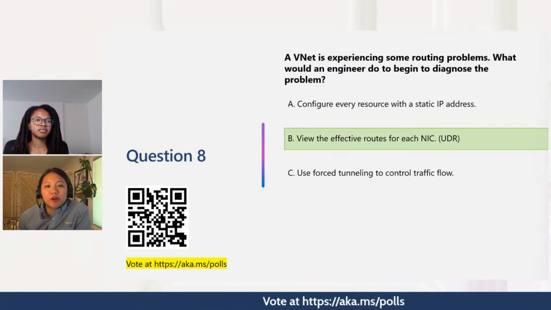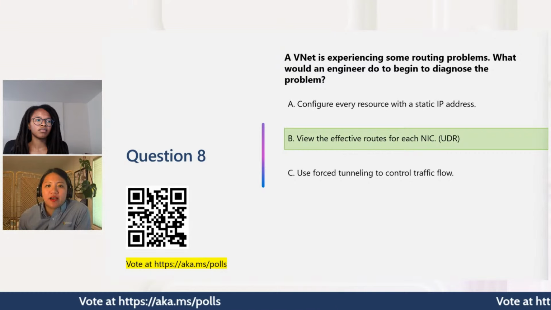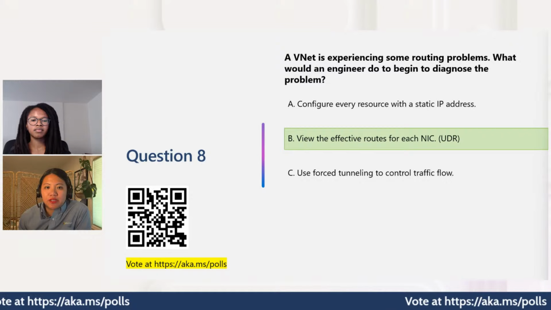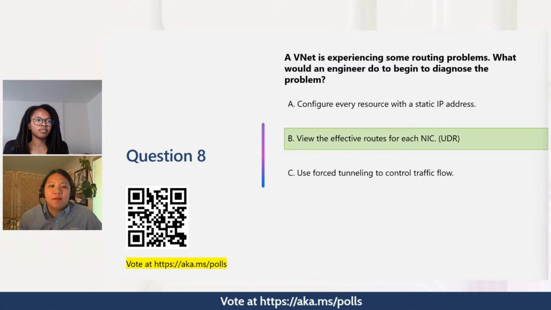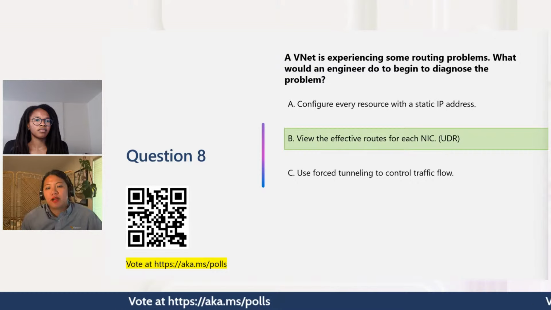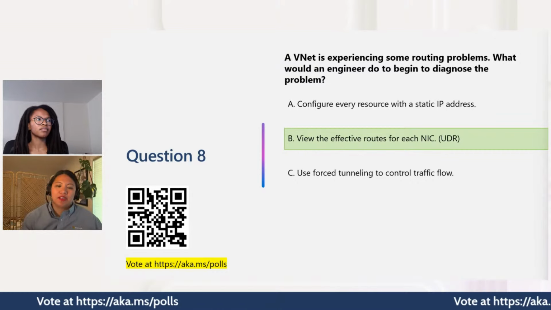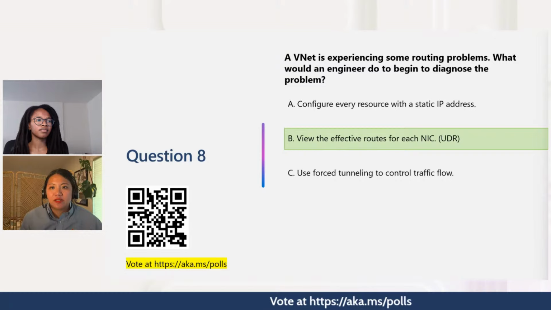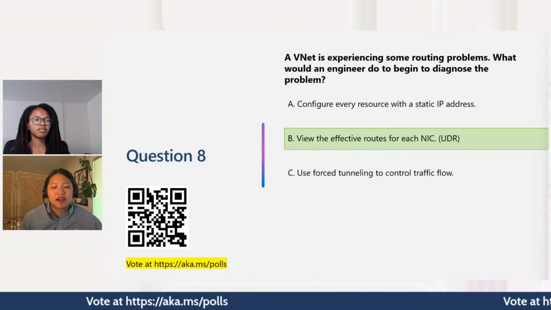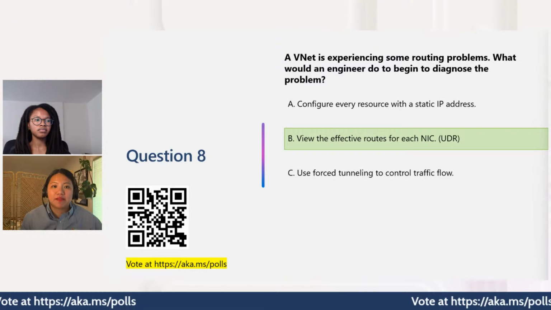You can use Azure Portal, and you can also use Azure PowerShell and Azure CLI to review the effective routes for each NIC. So each tool has its own process, but they will all tell you which of the routes that the NIC is communicating with, and what other resources that they're connected to. So that's a good way as far as troubleshooting any issues that are happening in your routing.